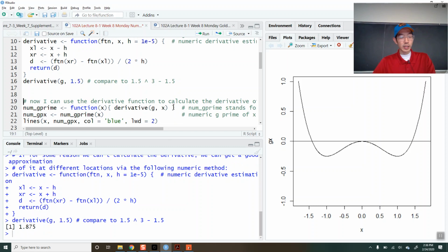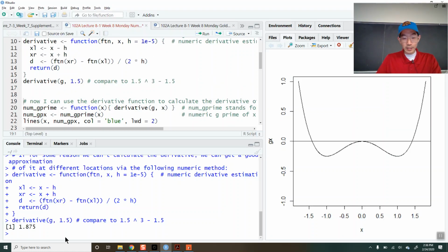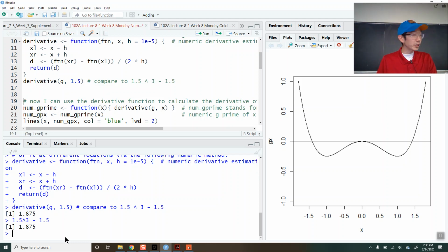I get 1.875, and I can compare that with plugging 1.5 into g prime: 1.5 cubed minus 1.5, and indeed I get the same value. So this is the approximation, and this is the actual thing.